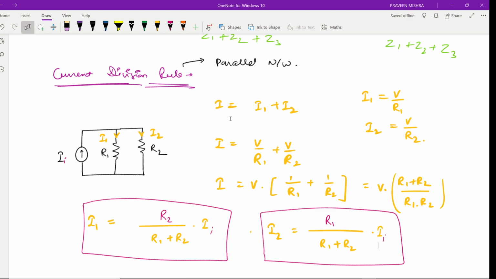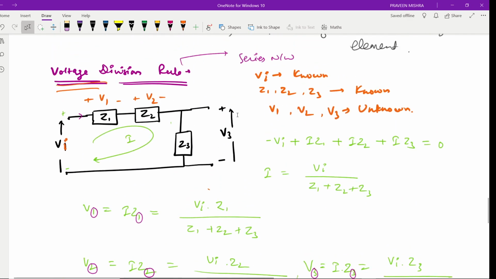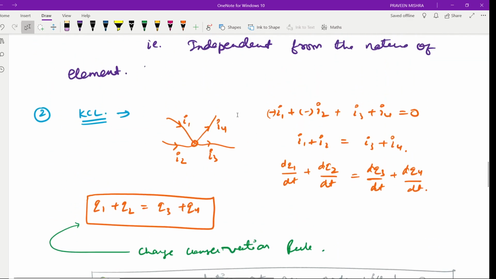And then after we will discuss different types of sources, independent source or dependent source, and source transformation technique. Then after we will discuss different types of theorems.